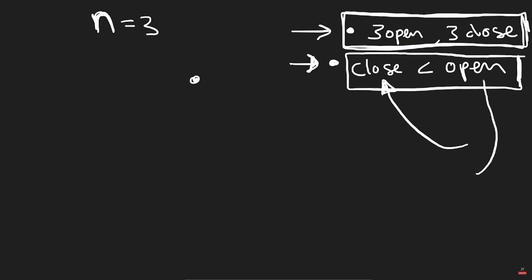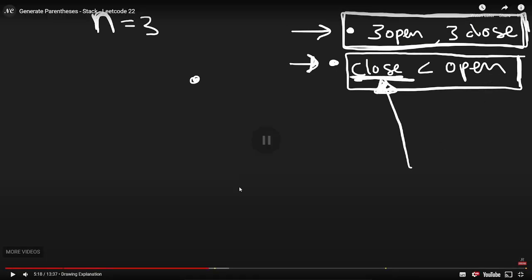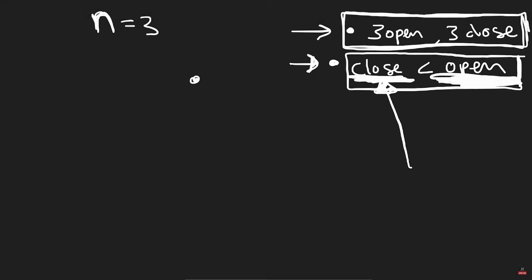We can add as many open parentheses as we want as long as it's under the limit, which is n, right? We can add up to 3 open parentheses, but we can only add a closing parenthesis if the number of closings so far is less than the number of open parentheses.